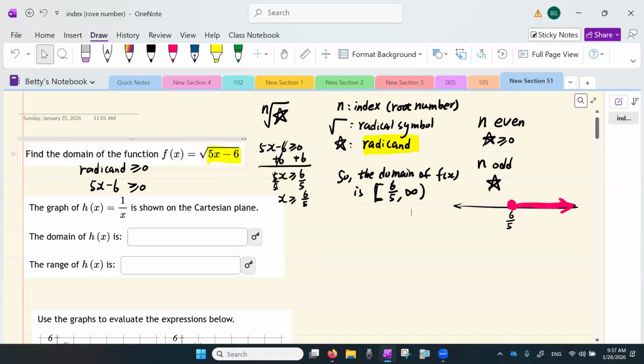But if the index is 2, an even number, then you have to write down the radicand, which is the entire thing under the radical, and make it bigger than or equal to 0. And you're going to solve that inequality. The solution set is going to be the domain of the function. Okay, so let me know if I'm clear.